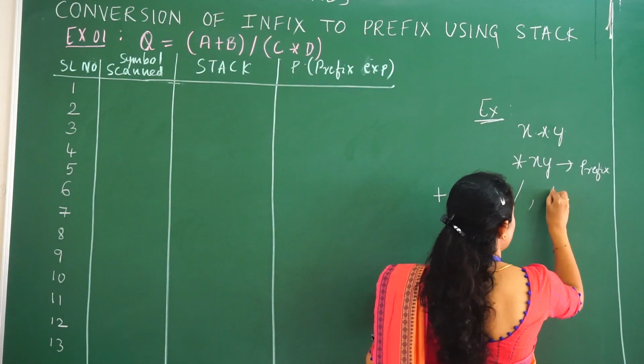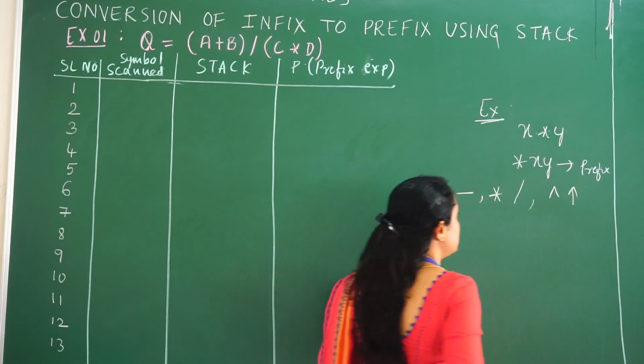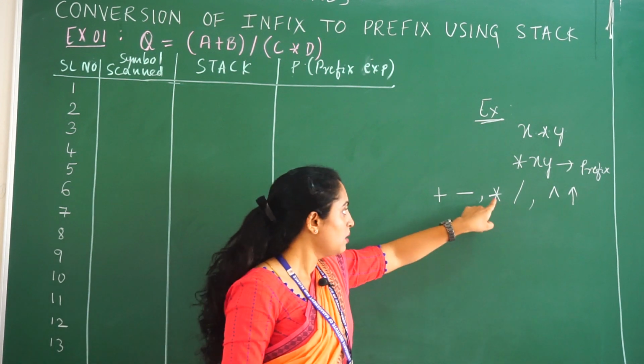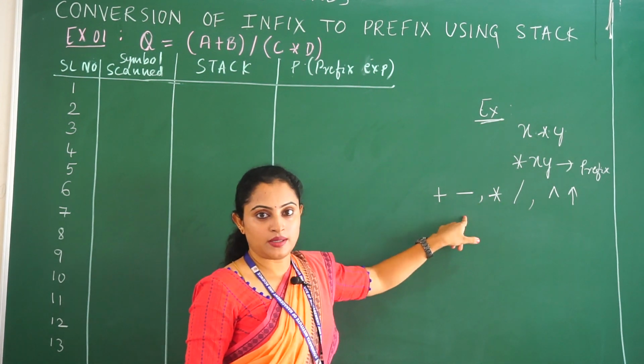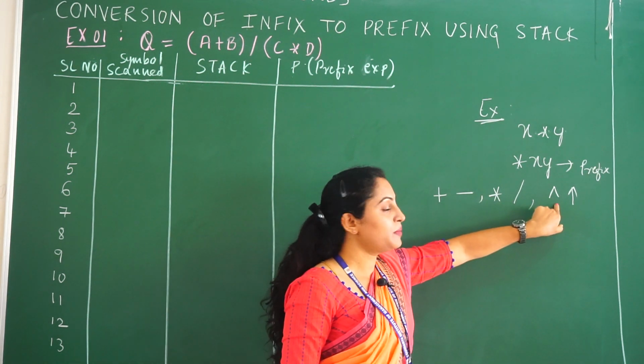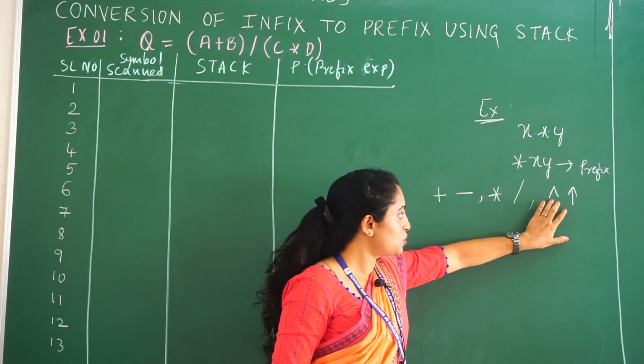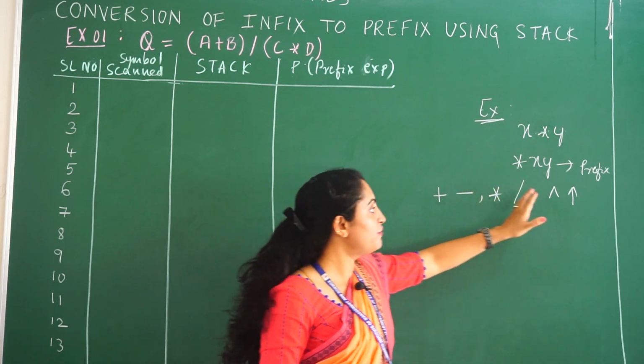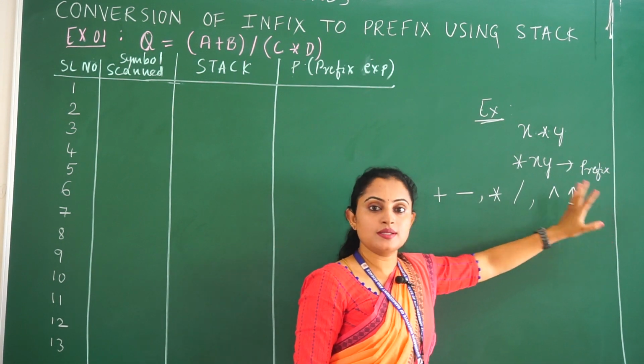Next, the arrow symbol or caret symbol has a higher precedence than asterisk, division, plus and minus. So we should not keep a low precedence operator in front of a higher precedence one in the stack.